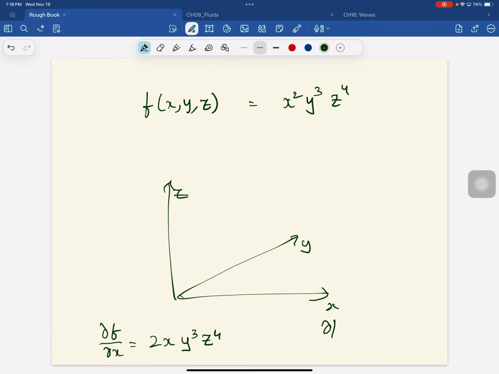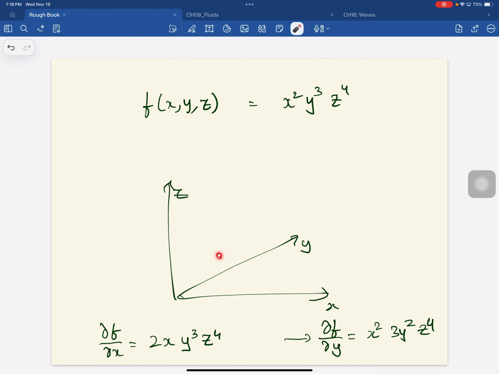How about this one? Who wants to help me with this guy? Anybody? What is del? Yep. Simple rule. If you're taking the derivative with respect to y, it means you're keeping the other two constant. So what is this telling you? It's telling you how f is changing as you move parallel to y. When you move parallel to y, you're keeping x and z constant.